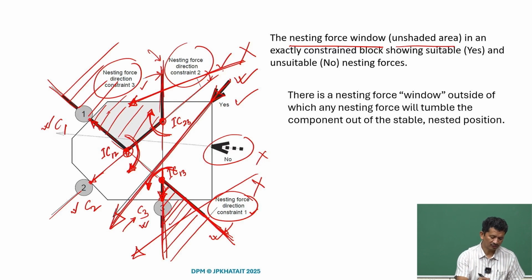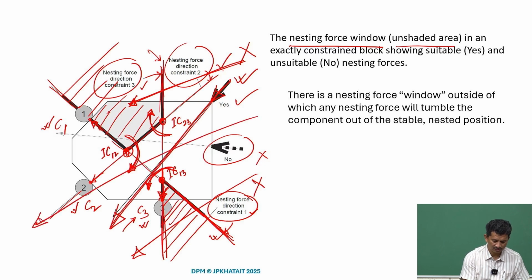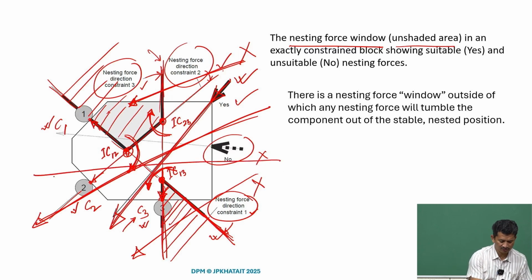It complies with all three requirements. It gives you all three moments at the same time, so it is a valid solution. Even this force is also fine. This force is also fine. As long as it does not pass through the shaded area, it is a valid solution.